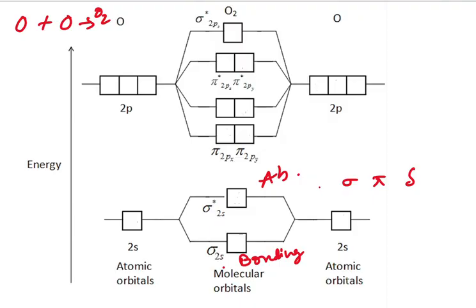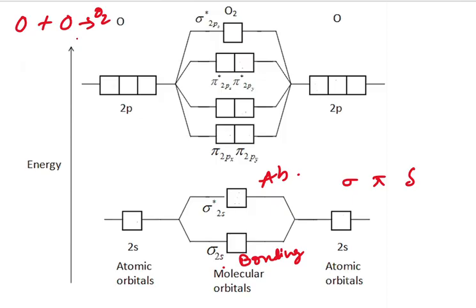So how many types of molecular orbitals, sigma, pi, and delta, are formed? Now let us go into detail on this: how to fill the electrons in their respective energy levels and how these atomic orbitals overlap.